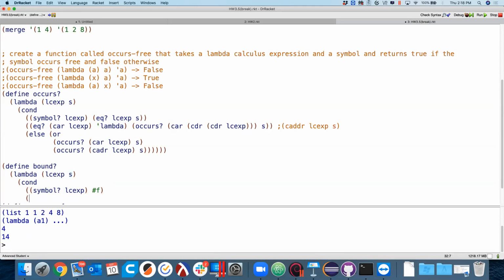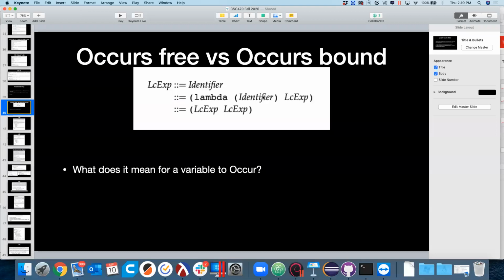Else, if I'm looking at the car of my lambda calculus expression being a lambda, so that's how I can identify my second production. If I'm looking at that, then I care about the binding, right? How do I look at the binding there? So really I'm asking, how do I extract this piece? The cadr gets me the list containing that identifier. The cadr, there might be an R rolling in there somewhere.